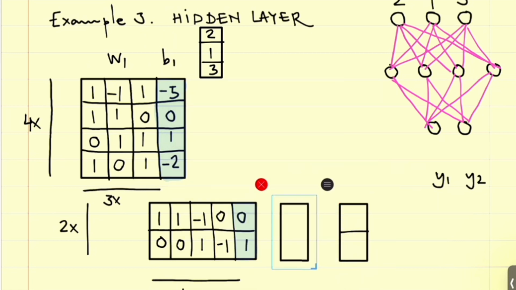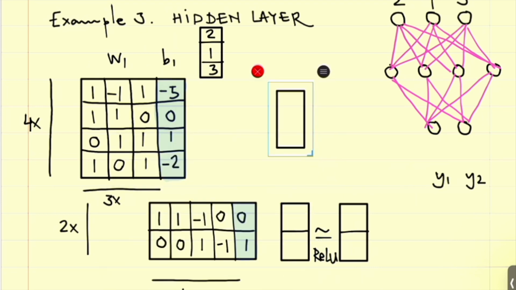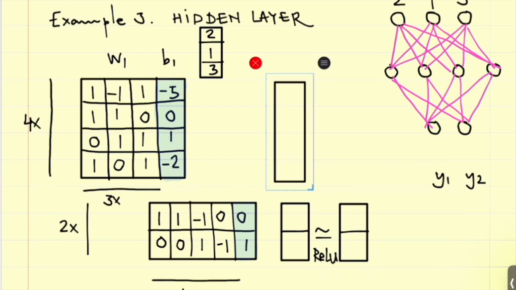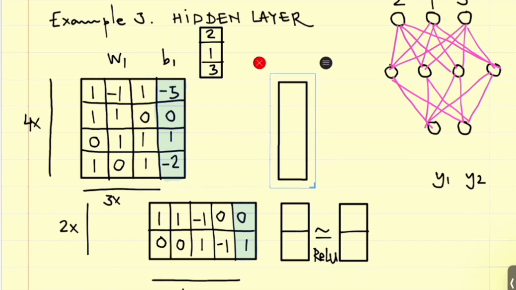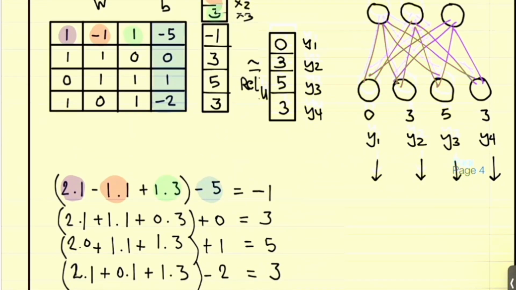So here we would have our thing before ReLU, and then we would have a hidden layer that we have actually already calculated, because it's the same as above, okay? 0, 3, 5, 3.